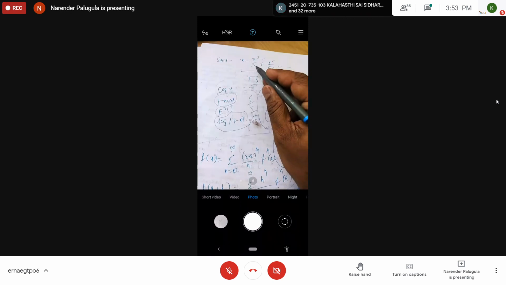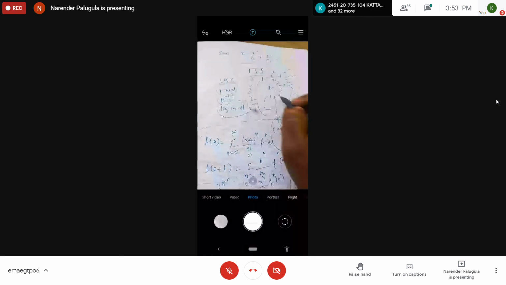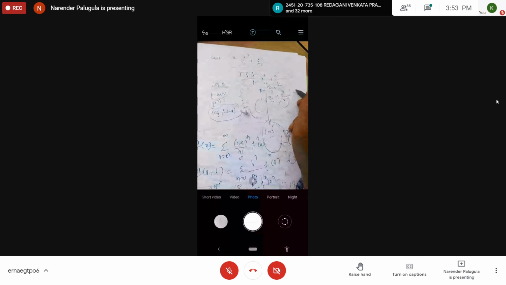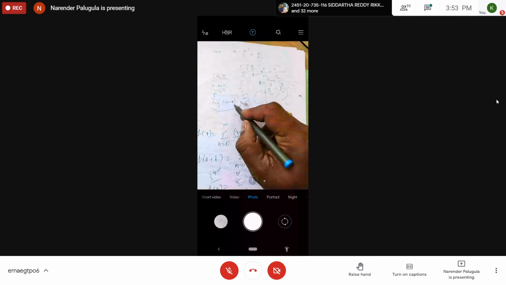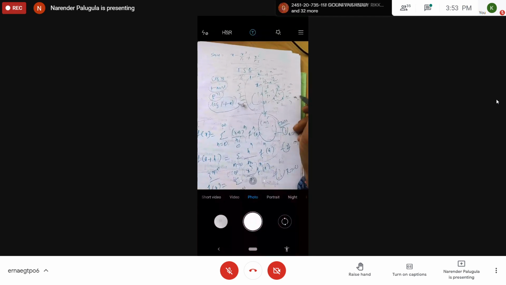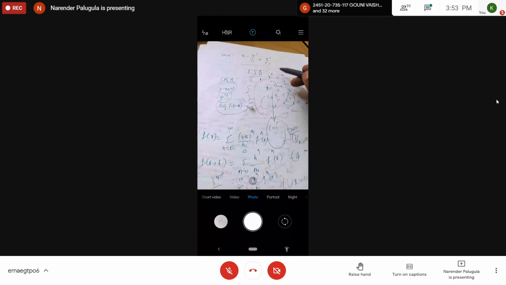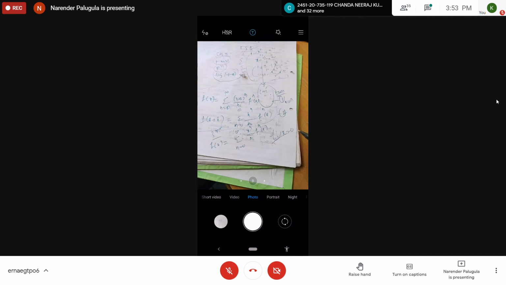In sin, there is a factor of 3 here, only 3. Exponential: 1 plus x by 1 plus x square by 2 factorial, x cube by 3 factorial. Log function: log of 1 plus x is x minus x square by 2 plus x cube by 3 minus, this is the log function. All these expansions are due to this third result.